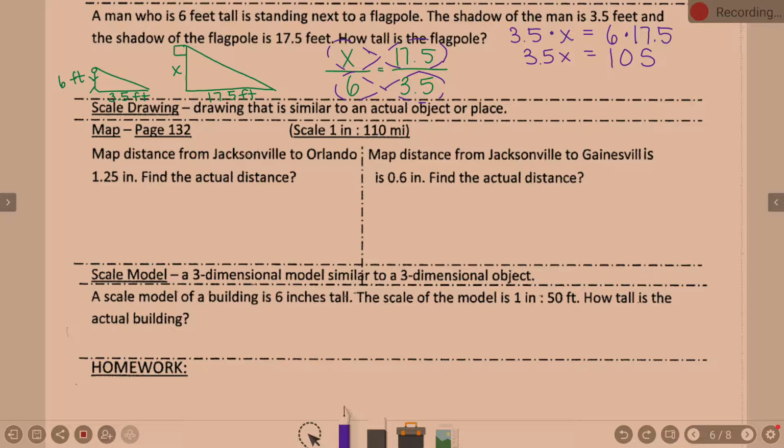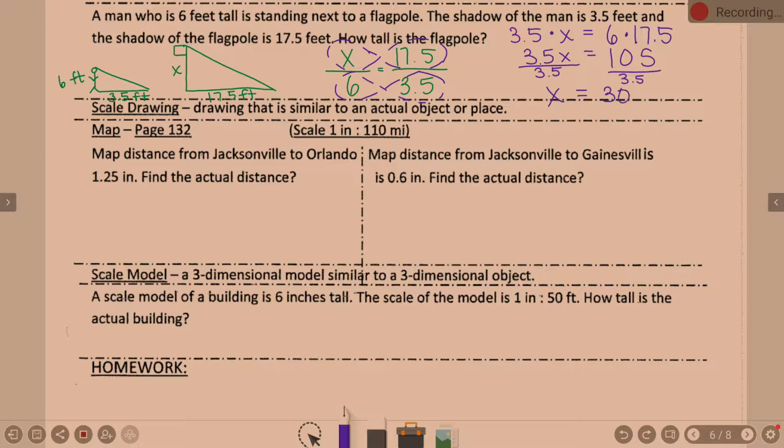You're not listening to my questions. It's 3.5 times x. We're going to divide by that 3.5. I know quite a few of you have this, but not everyone did. 105 divided by 3.5 is 30.